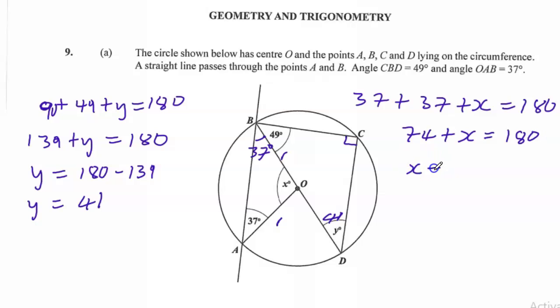So X would be equal to 180 minus 74, which is 106 degrees. So X is 106 degrees.